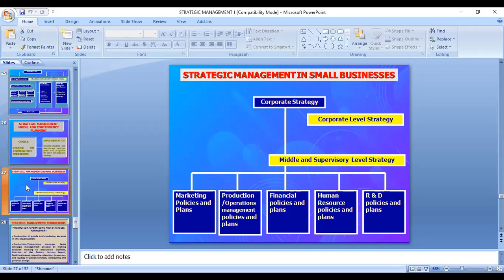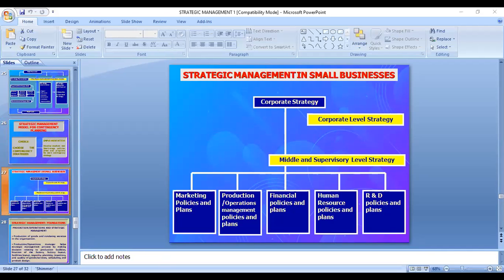Now, in the case of a small business, we will see how strategic management takes place. Here, we require corporate level strategies. Corporate level strategies means the strategies designed or required to run the corporate.